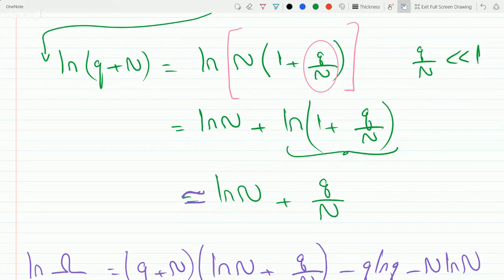Oh, that's after you do a Taylor series expansion. Yeah, because ln of 1 plus x is almost equal to x if x is less than 1.